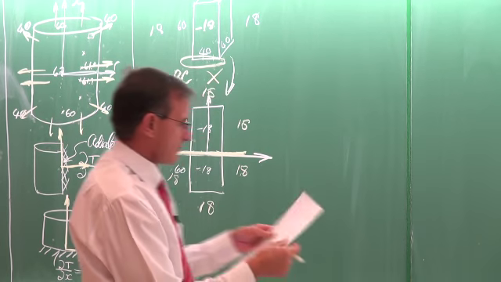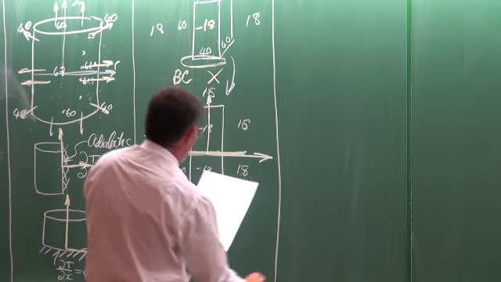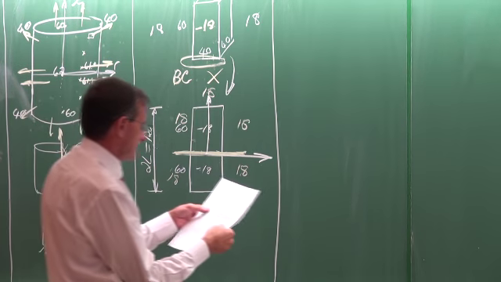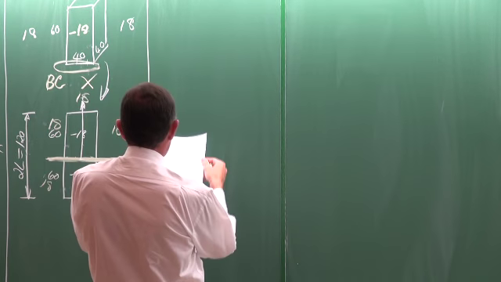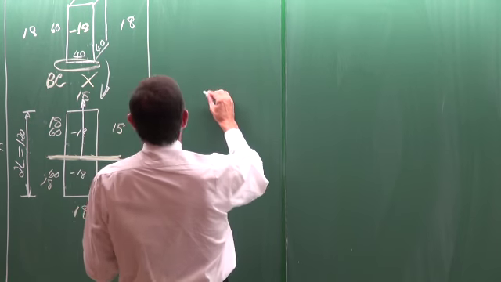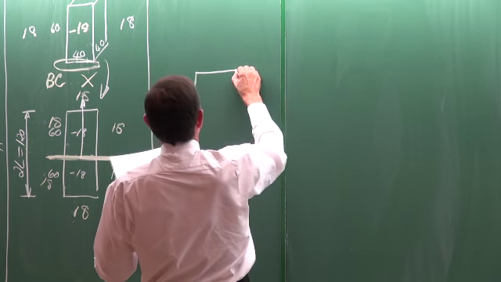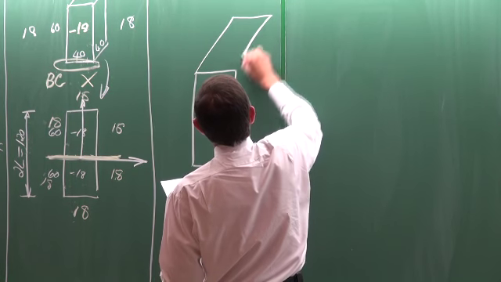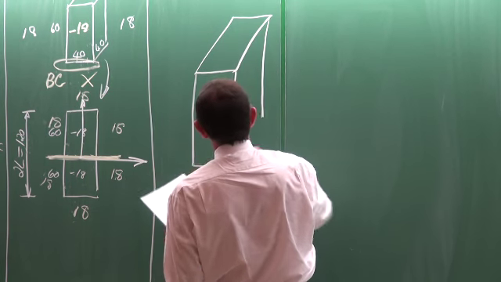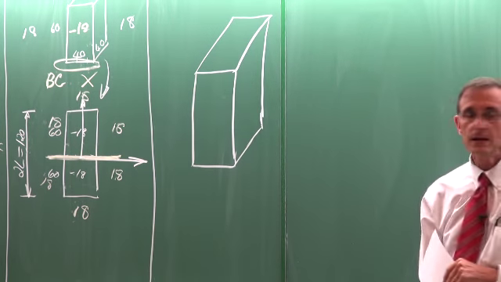So what I'm going to do is look at the problem, and we have to be very, very careful not to confuse ourselves because it can happen very easily. So this is our block again. I'm going to draw it again because there's too many lines and stuff there.